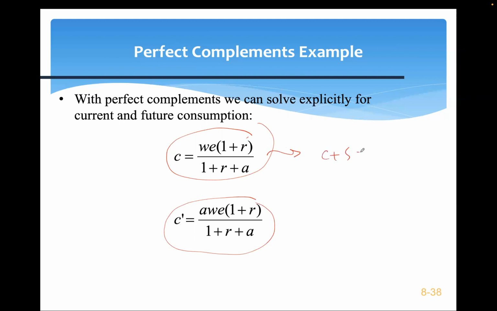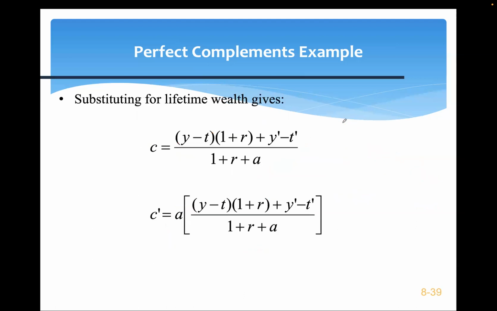Remember, C plus S equals Y minus T. Clearly, WE here is equal to Y minus T plus Y prime minus T prime divided by 1 plus R. Once you know C, you just plug it into this equation and you get S. Here we substitute the left-hand side and write C and C prime explicitly in terms of Y, T, Y prime, T prime, and also R and A. R is the interest rate.